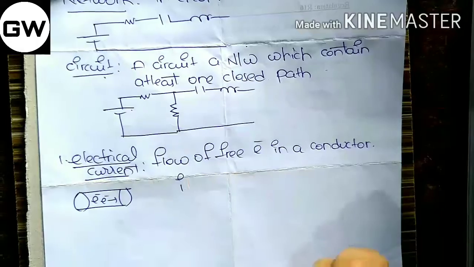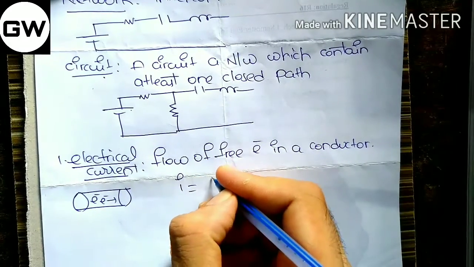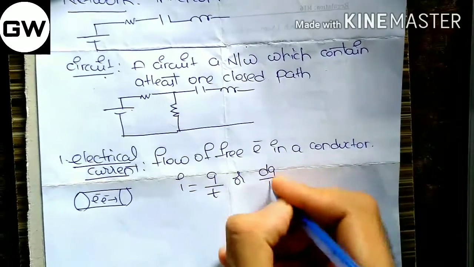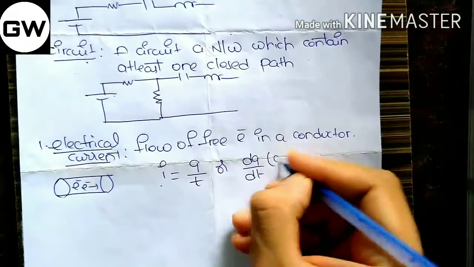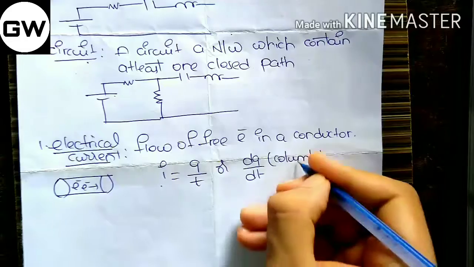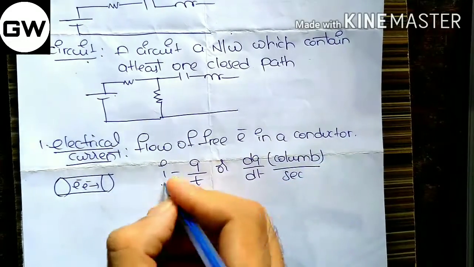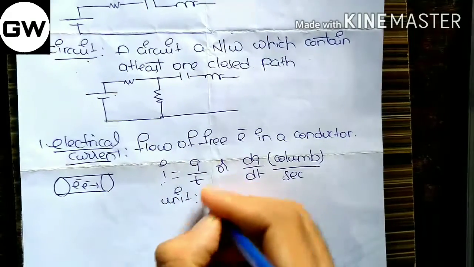It is denoted by the letter I. Mathematically, I is equal to Q upon T or dq upon dt. The unit for the charge is coulomb and the unit for the time is second. Coulomb per second is the unit for the current, or the unit for the current can also be ampere.